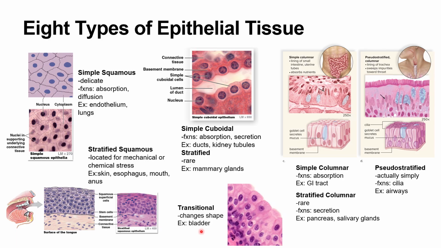We have two bladders to talk about here that are made up of transitional epithelial tissue because the urinary bladder and the gallbladder both shrink and expand based on their overall volume of contents. So this transitional epithelial tissue helps allow those bladders to expand and contract based on their need.